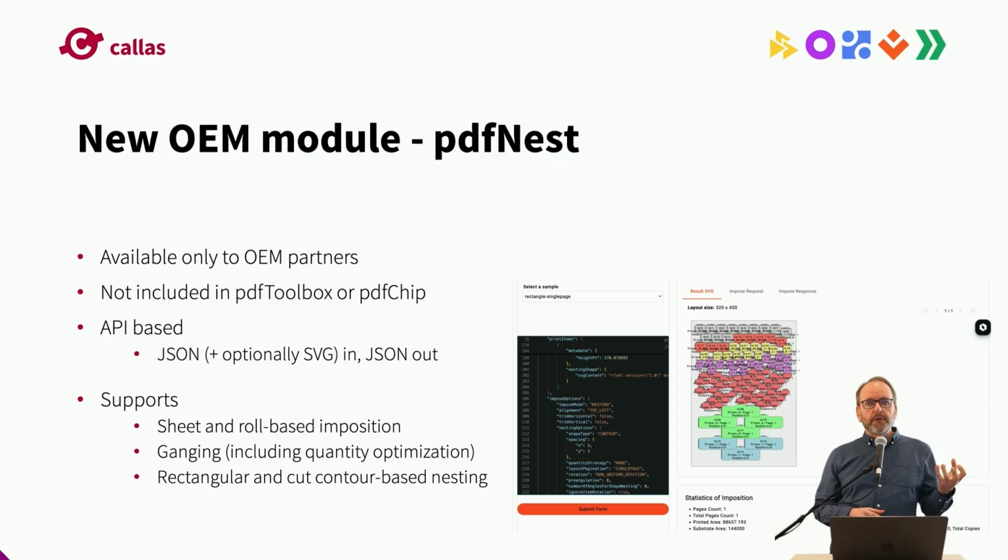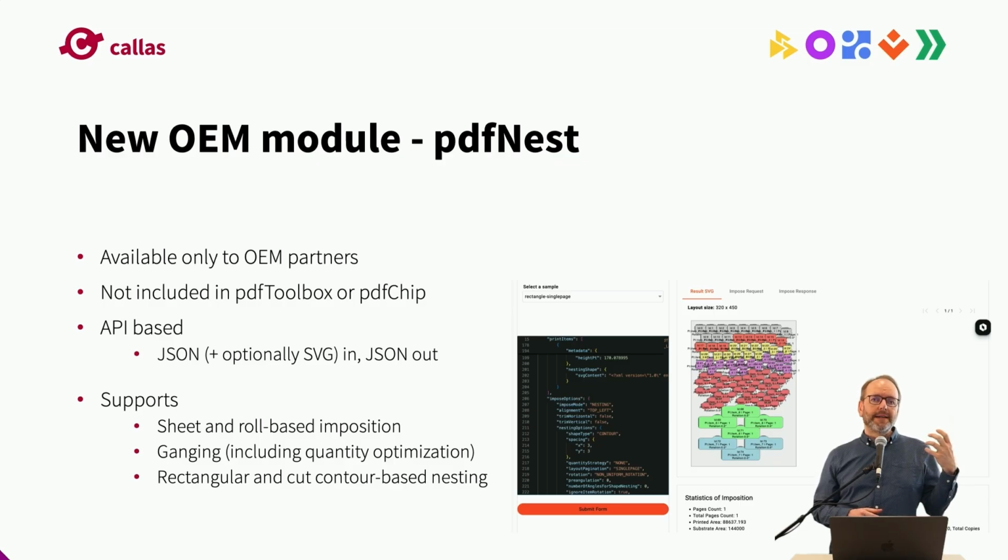It's an OEM module, so it's only available to OEM partners. And it is API based, and it can help you to get correct ganging or nesting of PDF files. So this is a separate module, web-based, where you can call a REST API.